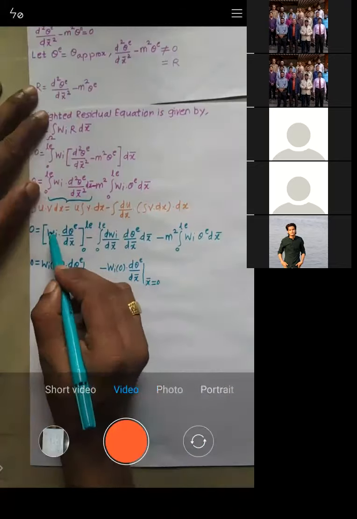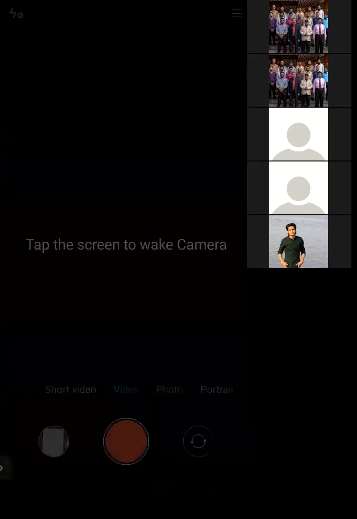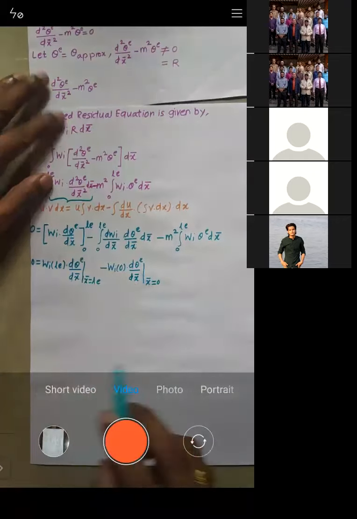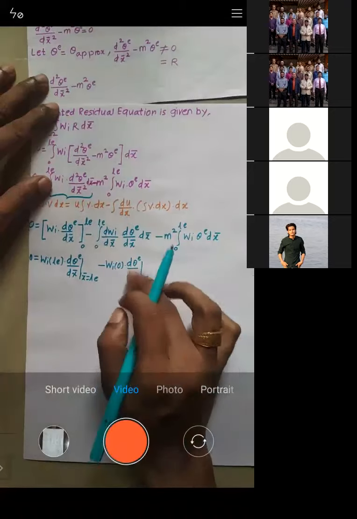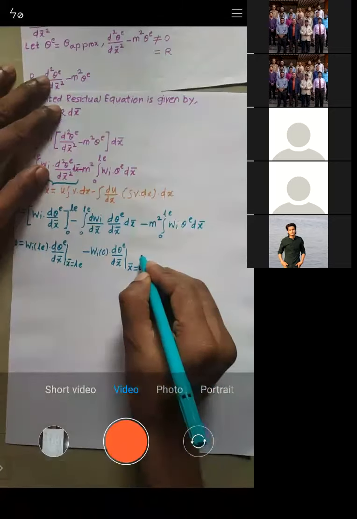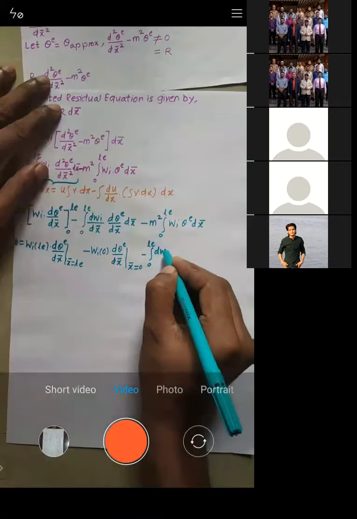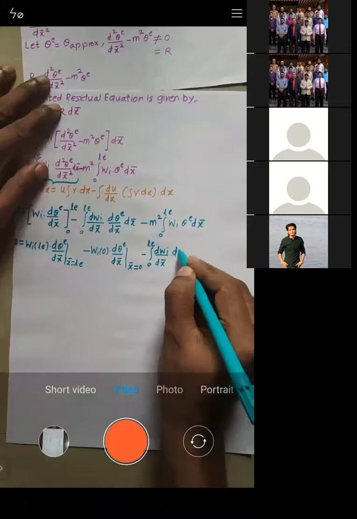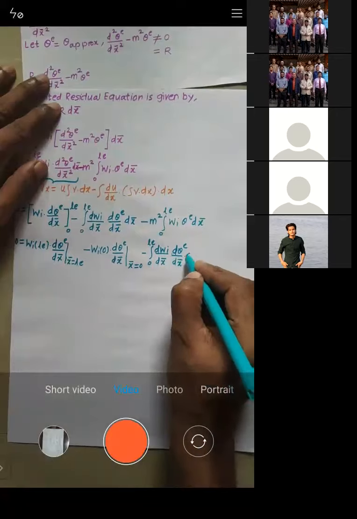See, this when LE into this when LE, minus this when 0 into this when 0. So that is what is written, upper limit minus lower limit. Now these two terms I'll just write down as it is here: 0 to LE, dwi by dx bar into d theta e by dx bar into dx bar.